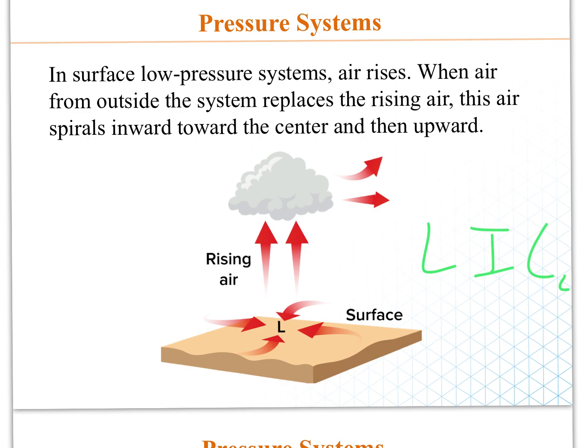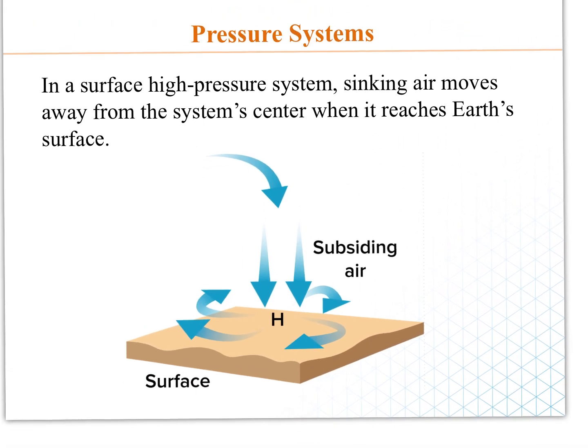Okay, when we look at the next one, here you have a center of high pressure, so air is sinking down, it's moving outward. This is where we're going to get hawk. Right? High pressure, outward moving, clockwise rotation.